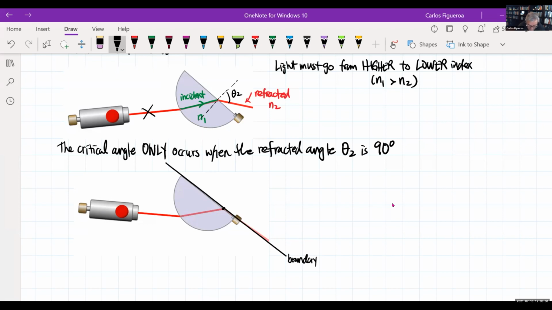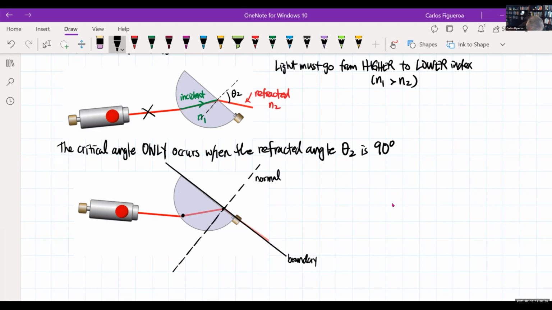Then I need 3 points here, right? So here's my one for the refracted ray, and then for this we really need 2 points just for the incident ray. So now what I'm going to do, I'm going to assume that this is my normal. Here's my normal.